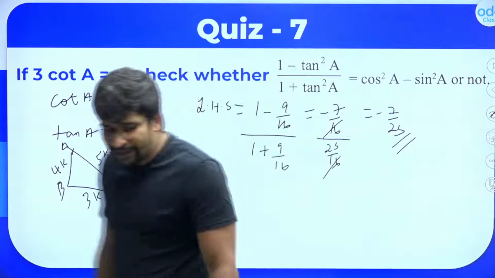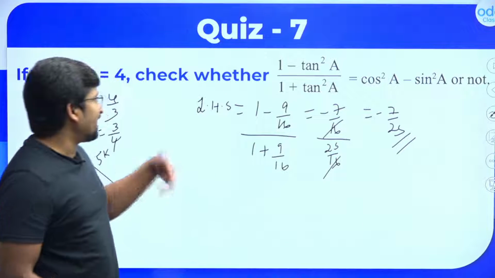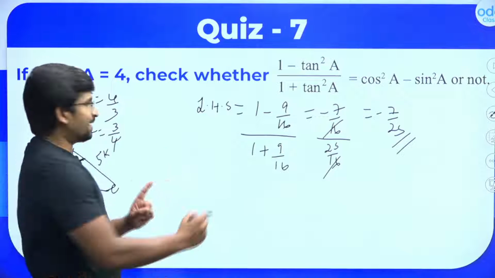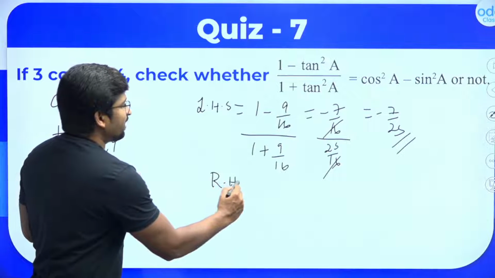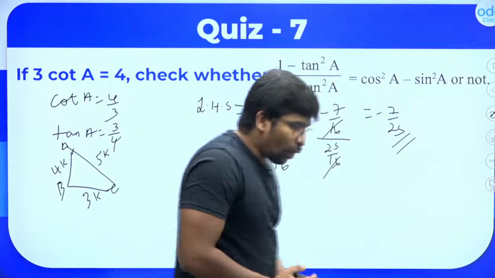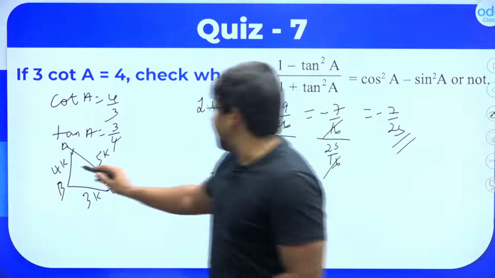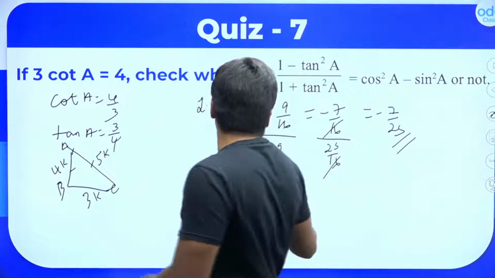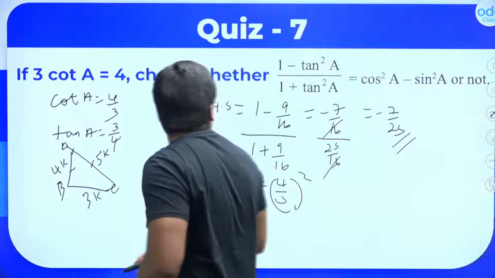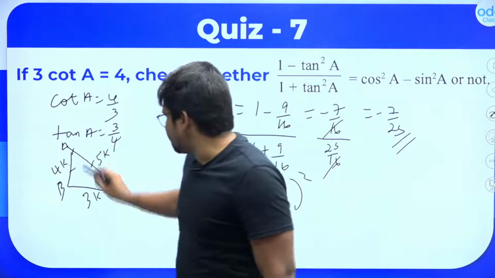Now you have to put the values in the RHS and check whether you are getting the same. So what is there in the RHS now? Let's check the RHS. RHS will be cos square A. What is cos A here? Cos A is adjacent side by hypotenuse, which is 4 by 5. So cos square A will be 4 by 5 the whole square, minus sin square A. What is sin square A?